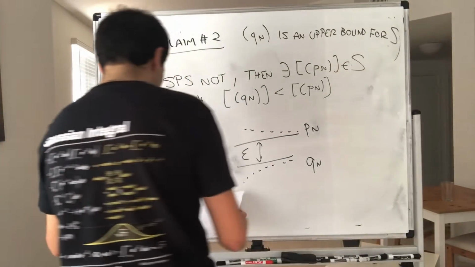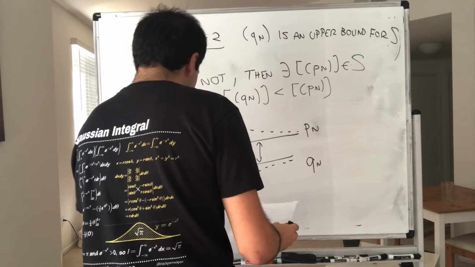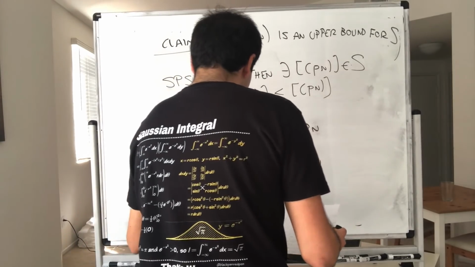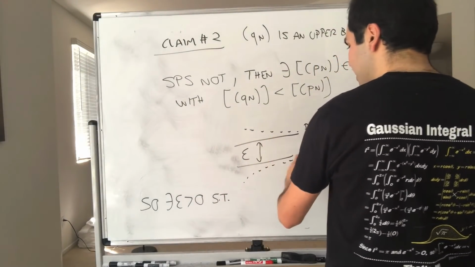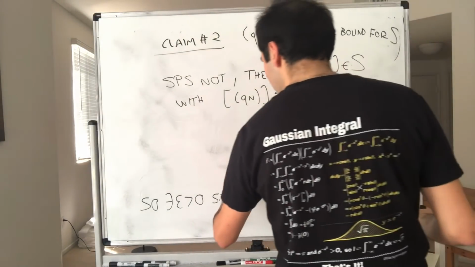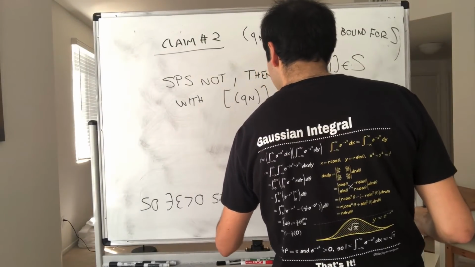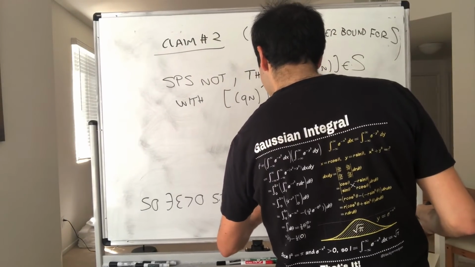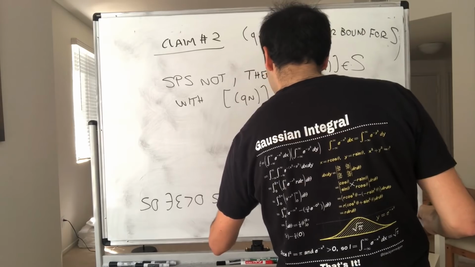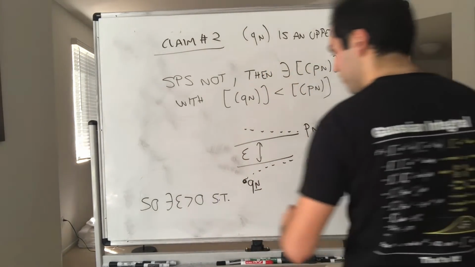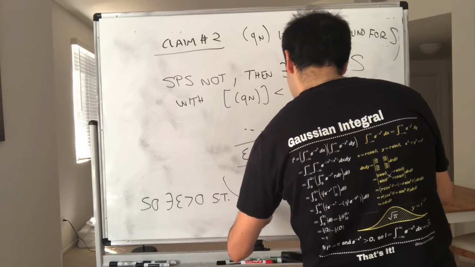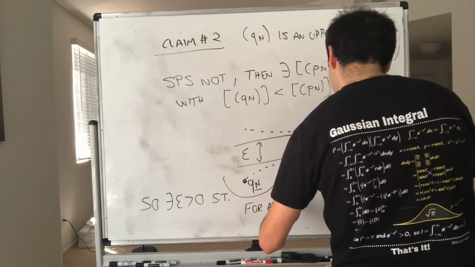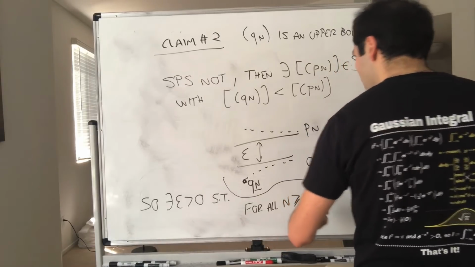So there exists epsilon such that for large n, Pn is bigger than all the values of Qn. In particular, it's bigger than Q capital N bar. So for all n bigger or equal to n bar, what do we know?